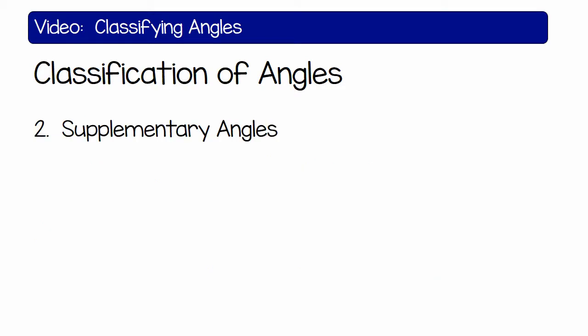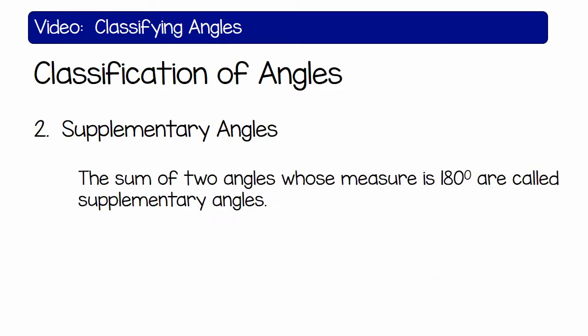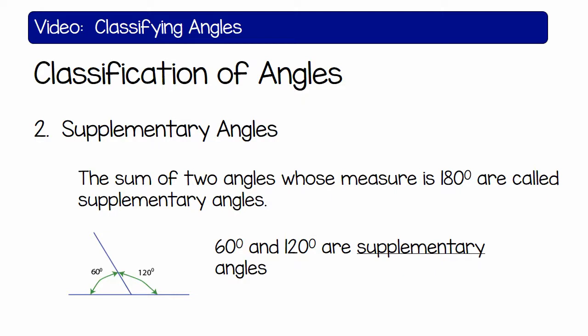Number 2, supplementary angles. The sum of two angles whose measure is 180 degrees are called supplementary angles. In this diagram, 60 degrees plus 120 degrees equals 180 degrees. Therefore, 60 degrees and 120 degrees are supplementary angles.